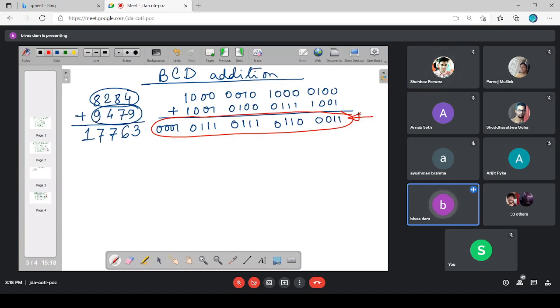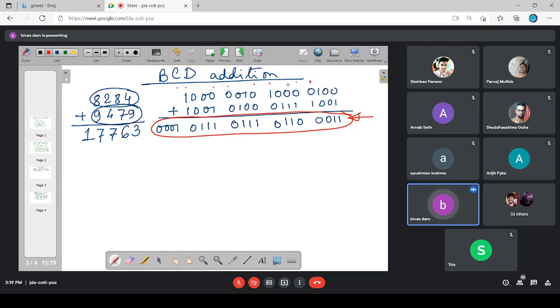So in case there is any carry generated from one nibble position to the next, you have to specially mark it. I repeat: during the addition process, if any carry gets generated from one nibble to the next higher nibble, specially mark it. You have to give a special marking for that particular carry.